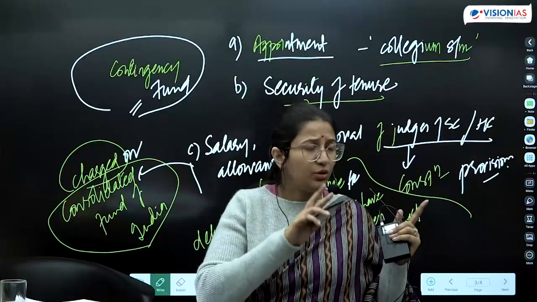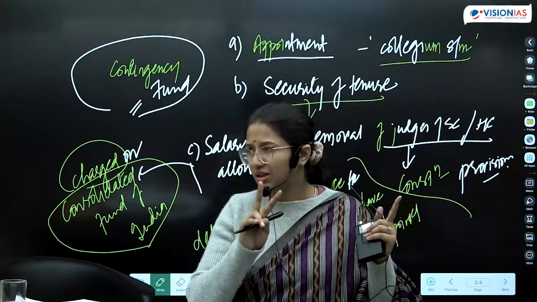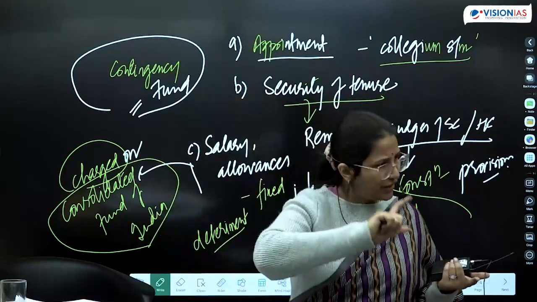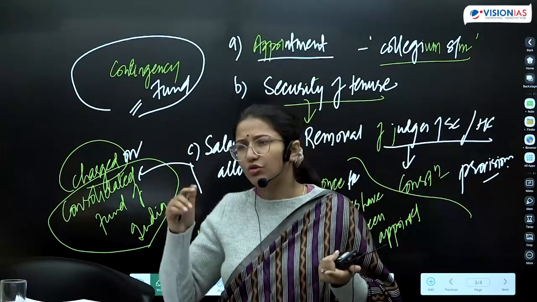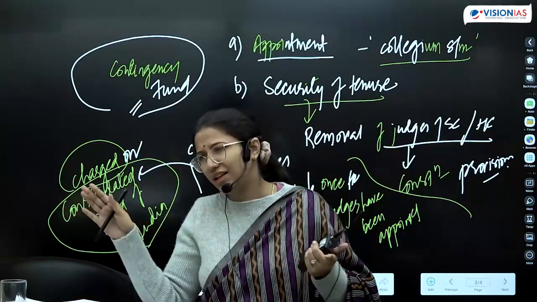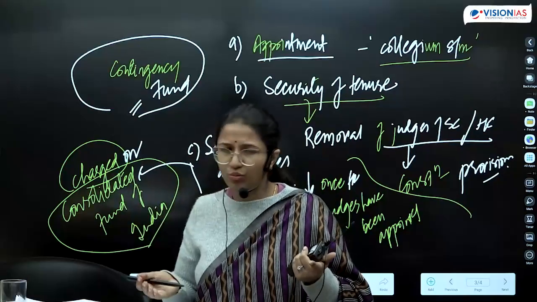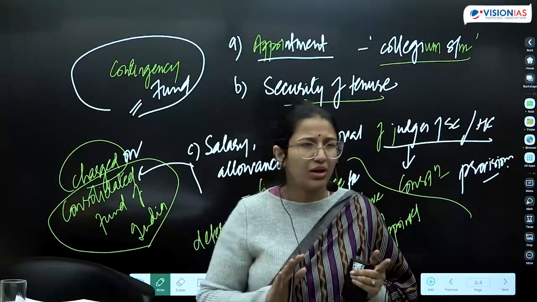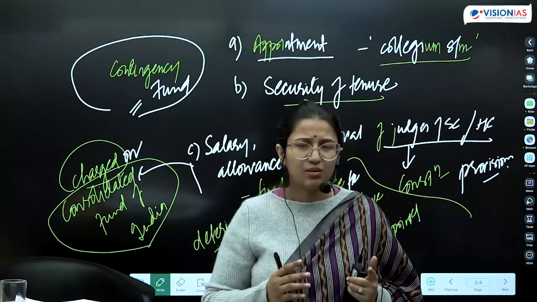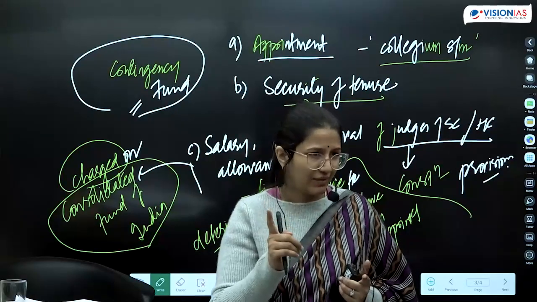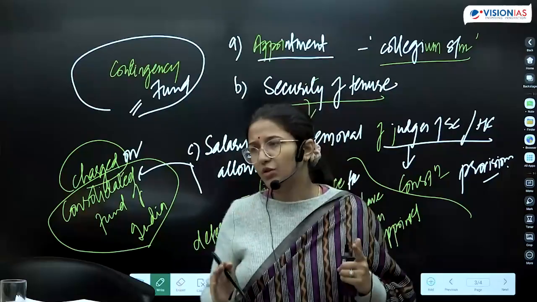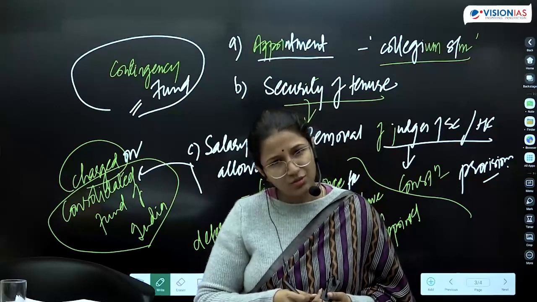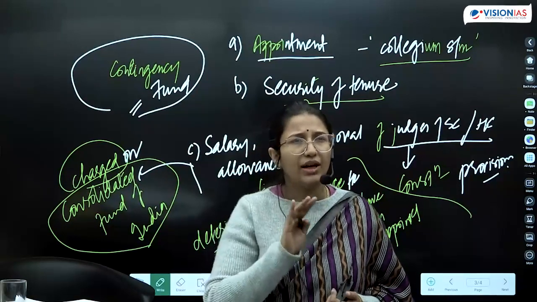Unlike the US, where there are two systems of court, a dual or double system. There is a federal court to enforce federal laws and a state level court to enforce state level laws. That is not the case in India. The Supreme Court and High Court both will enforce both center and state laws. So this is what we mean by a single system of court. And single system of court cannot mean there is only one court. The courts have to be hierarchically organized so that you can appeal with respect to the judgments. So that is the idea. I hope, Ayush, it is clear.